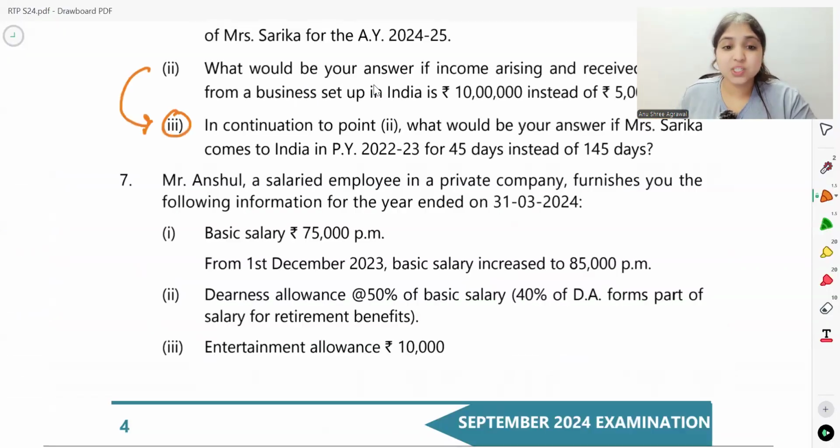Let's take the adjustments one by one. First of all, basic salary is 75,000 per month. From 1st December 23, it is 85,000 per month. So April, May, June, July, August, September, October, November, for 8 months, it was 75,000 per month. And for the remaining 4 months, it is 85,000 per month. Okay.